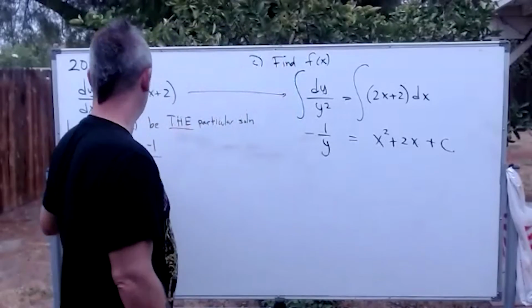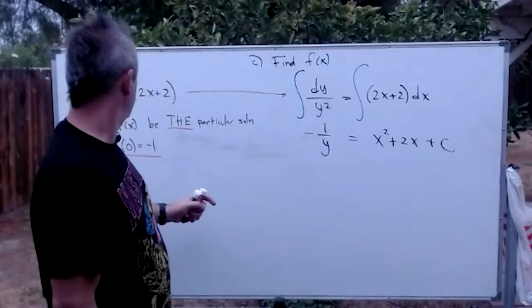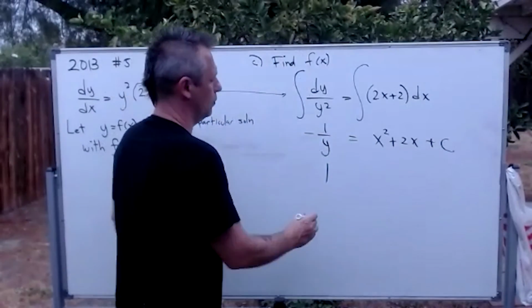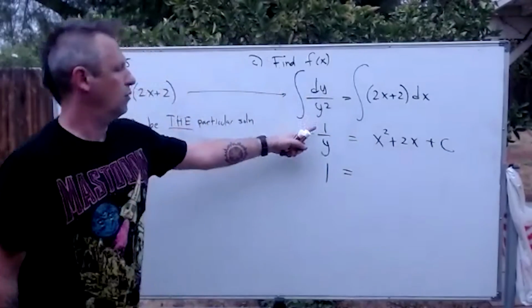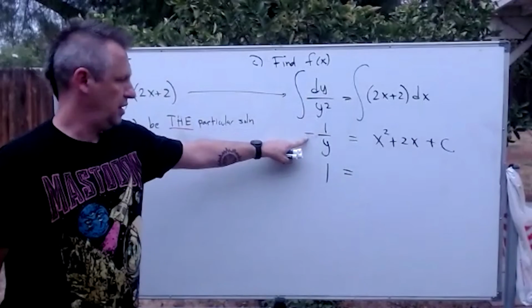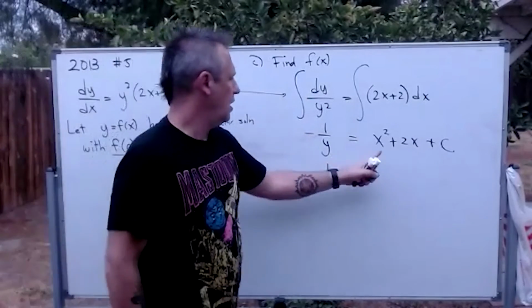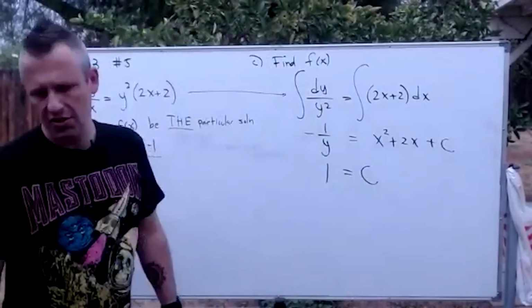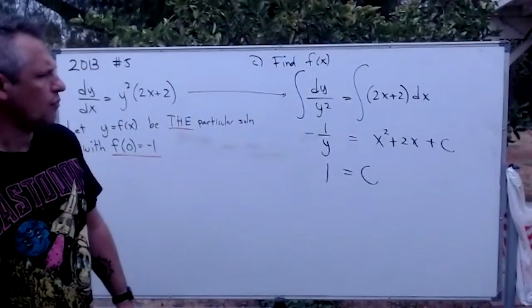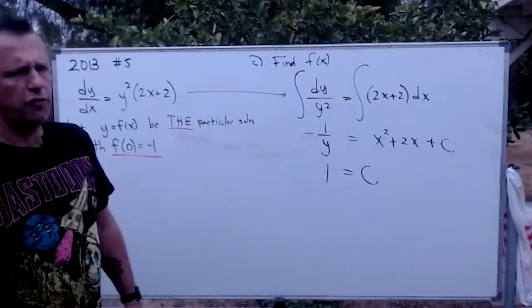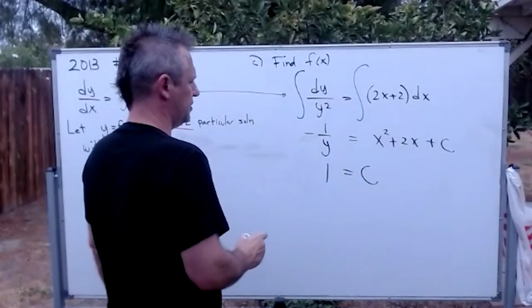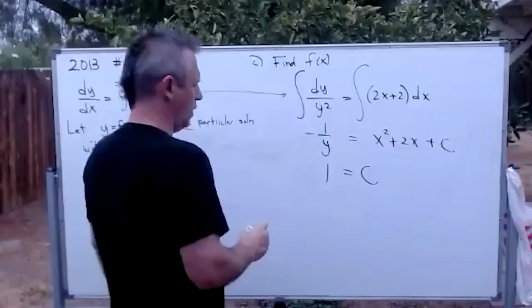So I'm going to go ahead and plug in x is 0, y is negative 1. So we're going to end up getting 1 equals, because we have 1 over negative 1 with a negative sign in front of it, 0 plus 0 plus c. So we just found out that c equals 1. Cool. So therefore, now that we know this fact, we can go ahead and solve this for y.